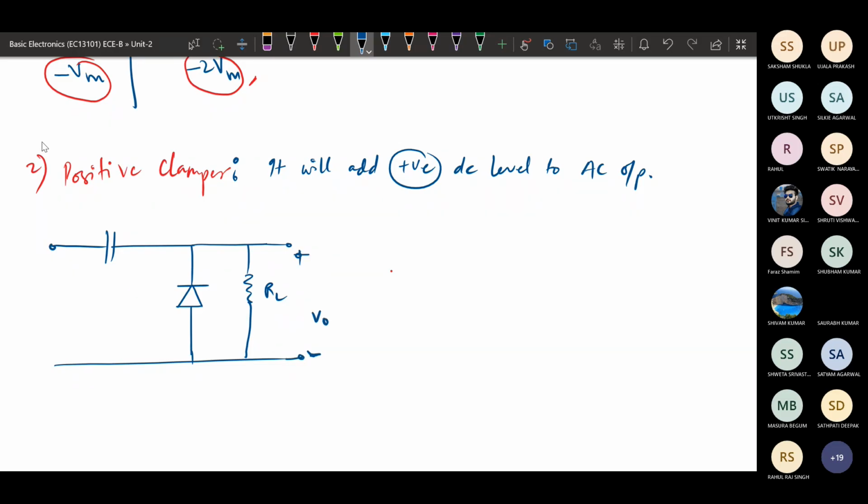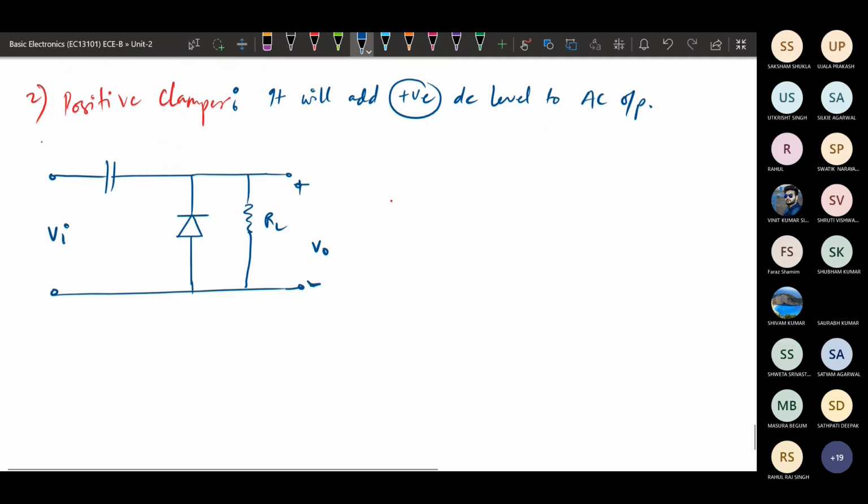Here we are applying the input voltage, and with respect to that we get the output. That output will be a positive clamped output.